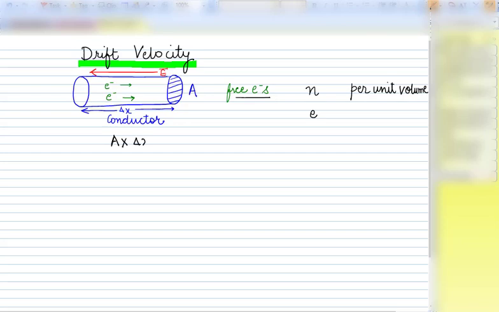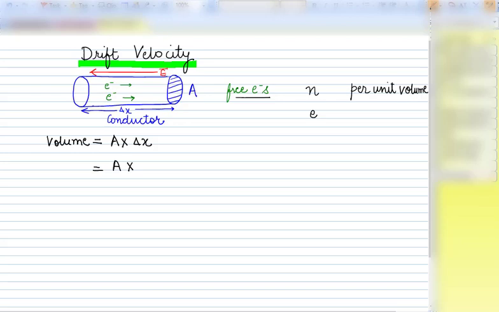Volume is cross-sectional area A multiplied with the length delta x. Right? Volume is cross-section area multiplied with the length. So if you continue this cross-sectional area up to the whole length of the conductor, that is the total volume of this conductor.